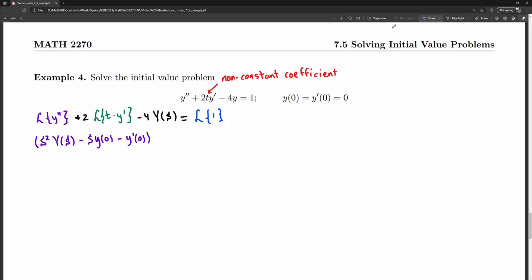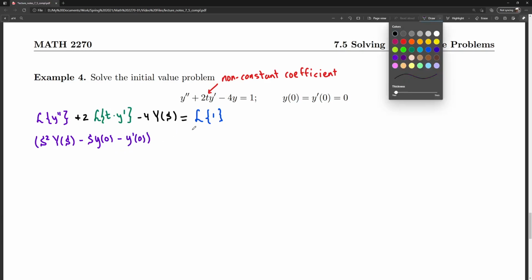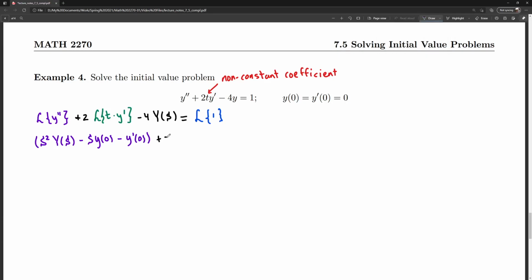And then we have plus 2 times, and there's a property for the Laplace transform. If you multiply a function by t in the t domain, that becomes a derivative in the s domain.